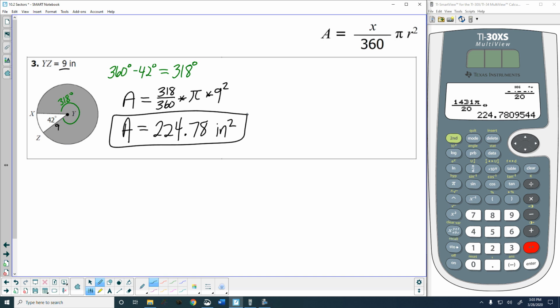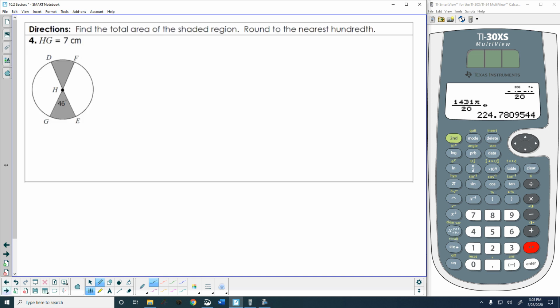Okay, these next couple have a little bit more complicated shape to them. It may have more than one section that is shaded. If you have a couple of sections, you can just find the total shaded angle and use the exact same formula that we have been using.